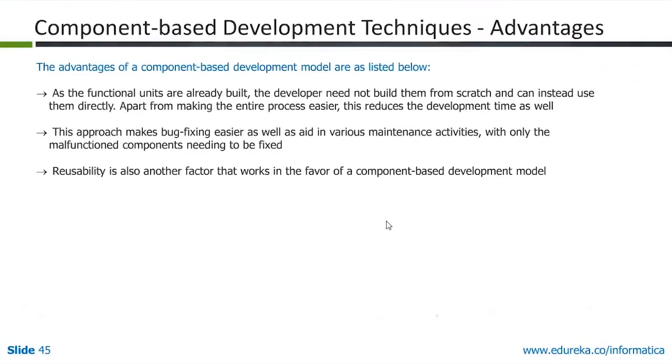This approach makes bug fixing easier as well as aids in various maintenance activities, with only the malfunctioning components needing to be fixed. So we have different sets of logs available from where we can identify where the bug is. We have the debugging facilities. We can run the debugger in the mapping as well.